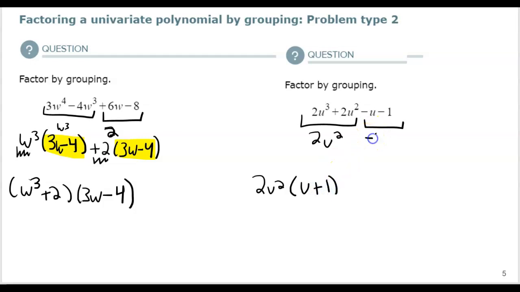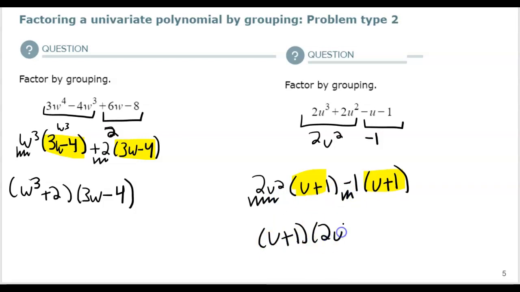I can pull out a negative 1, u plus 1. Now I have my matching and my leftovers. I pull out my matching, and then I just have my leftovers.